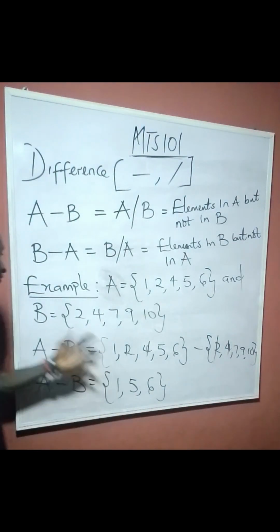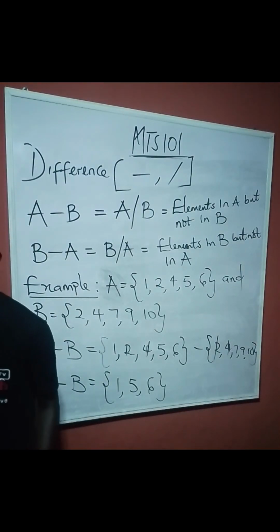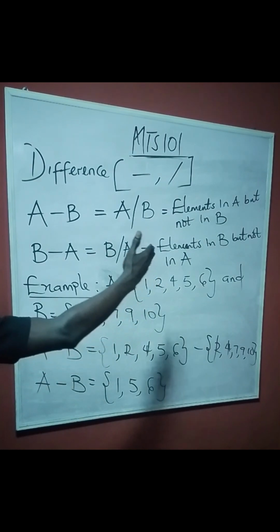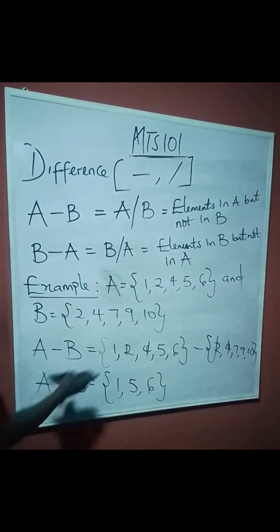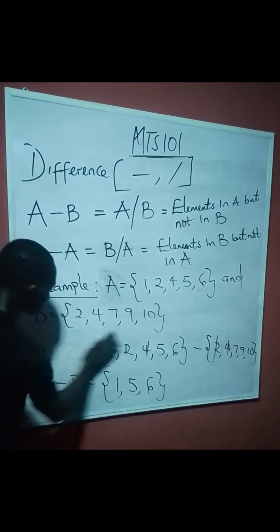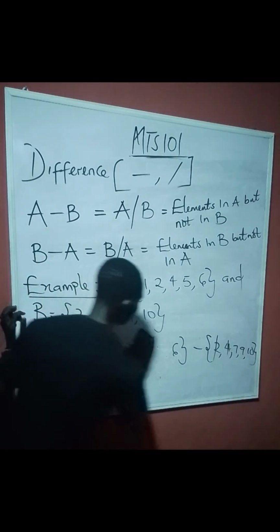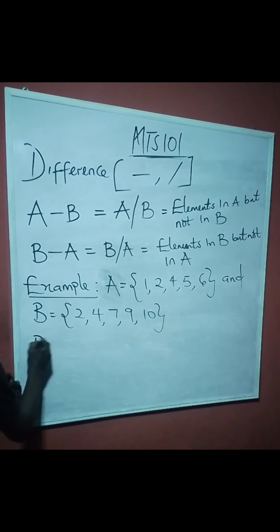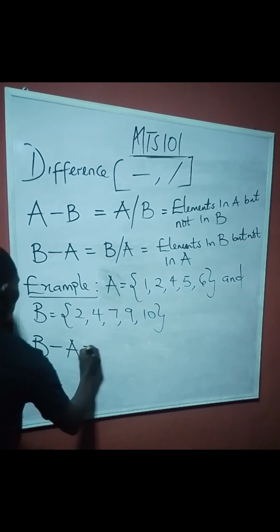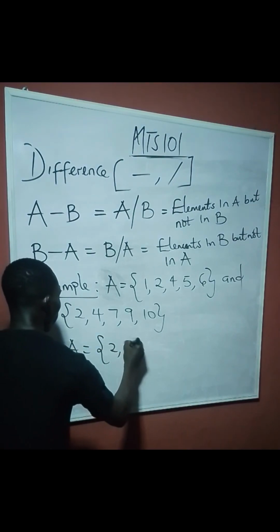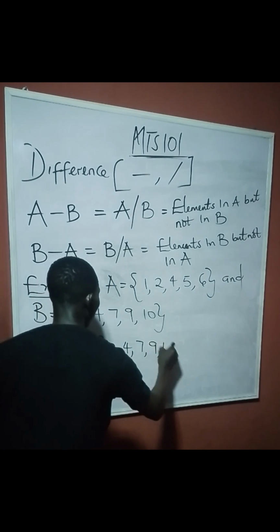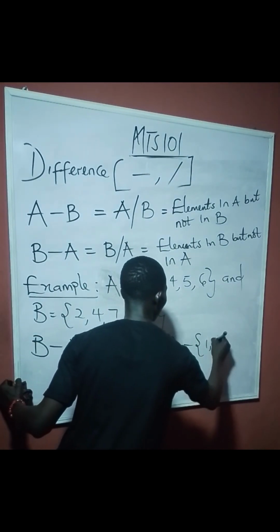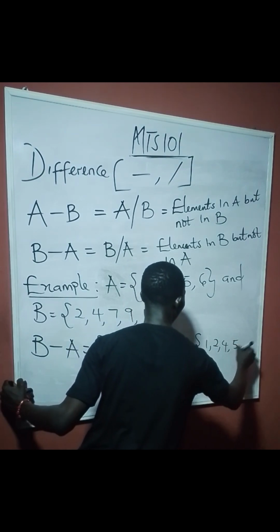Now, what about if you have B difference A? B difference A will be elements in B but not in A. So you can also apply this method. B difference A will be 2, 4, 7, 9, 10, B comes first, right, minus A, 1, 2, 4, 5, 6.